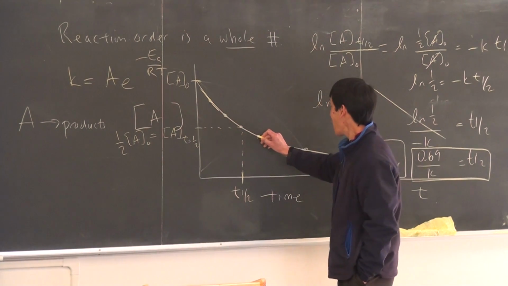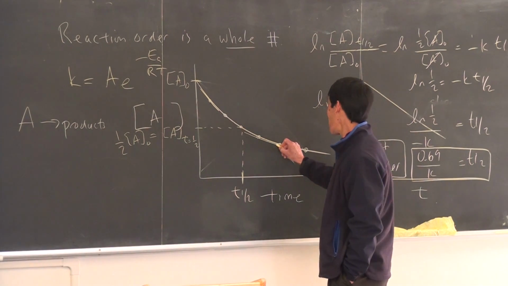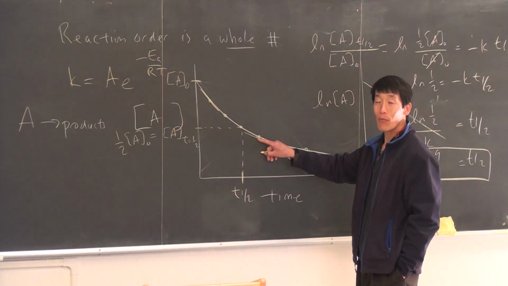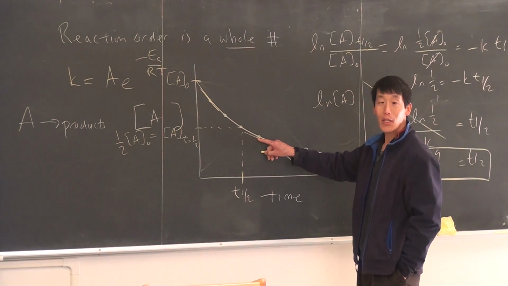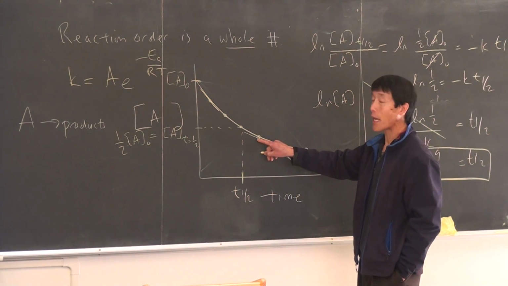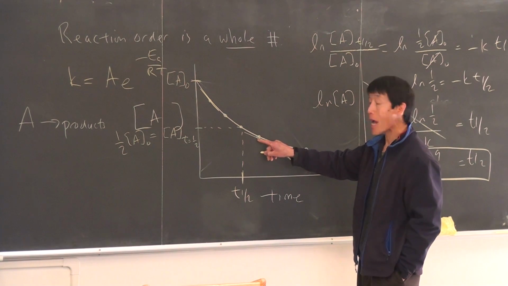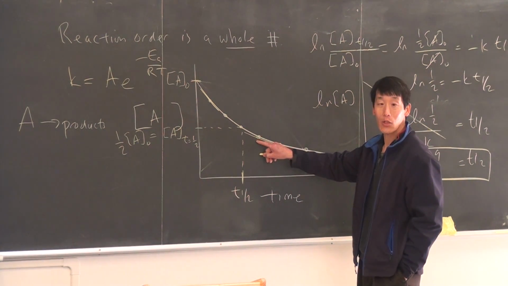If we draw a slope here, this represents the rate at this point in the reaction. Are the slopes changing or are they the same? Is the rate changing or is the rate the same? Note that as the reaction proceeds, the rate changes. Does the rate go faster or slower? Yeah, the rate goes slower.